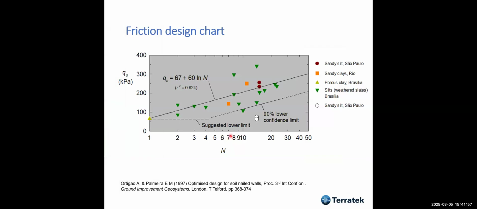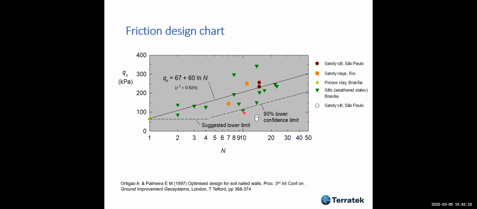And this is my suggestion for coming up with a qs value, which is the friction. Okay, you have here a very good correlation. In many soils, we have silts, sands, porous clays, everything related to the N SPT value, because in most cases that's what we have.